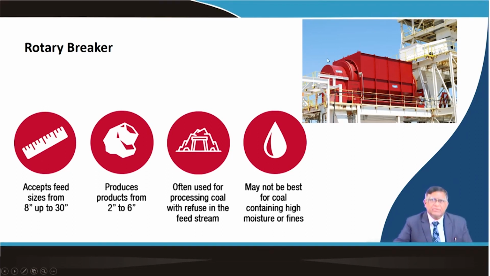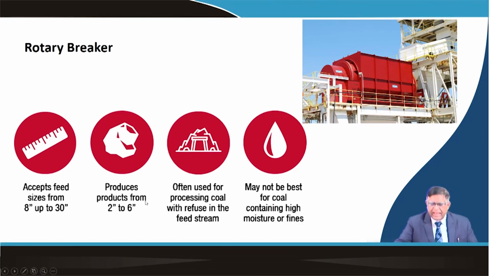Here you can take a feed size of 8 to 30 inches, big boulders can be put in, and it produces fragmentation of 2 to 6 inches. It is also used in all coal washeries and coal handling plants.